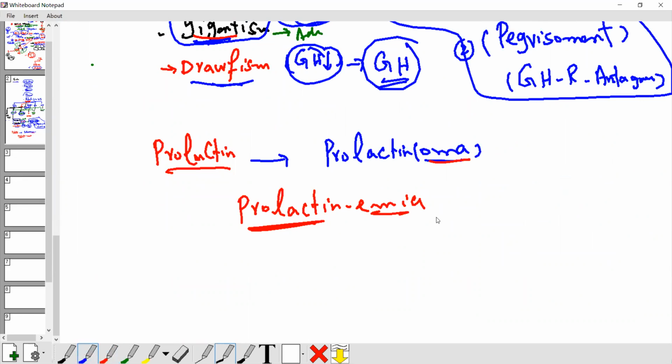This is because of the tumor of the pituitary. And what happens in the female and the male? Gonadotropin releasing hormone decreases. FSH and LH will decrease. So in both sexes, male and female, what happens?